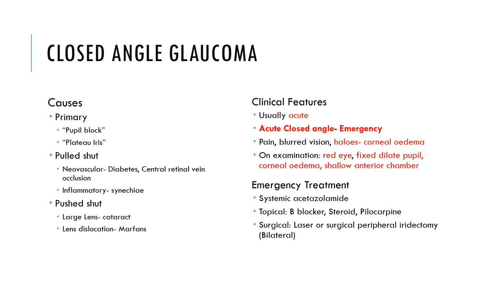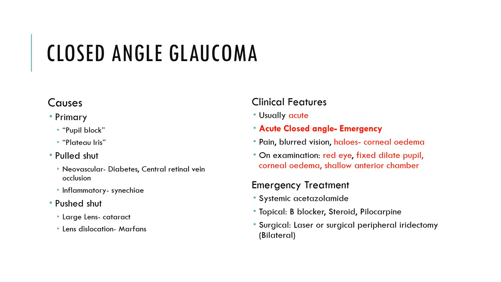So let's talk about the clinical features. Closed angle glaucoma is usually acute, so it has an acute presentation, and this is an emergency. It presents with pain, blurred vision, and halos in the sight, and this is caused by corneal edema.